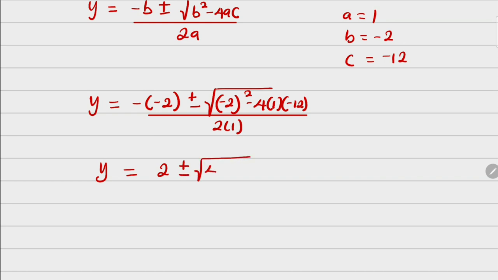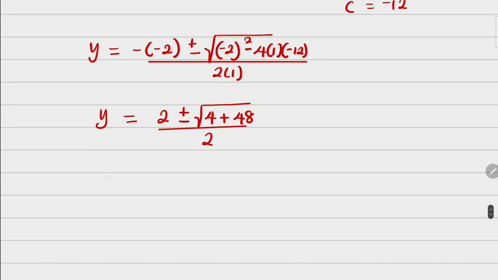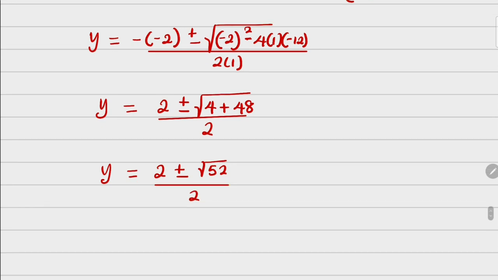Now this is going to be 4, but because of this minus multiplying this minus, it becomes plus. So I'm going to have 48, all over 2. So my y is actually going to be 2 plus or minus the root of 52, all over 2.